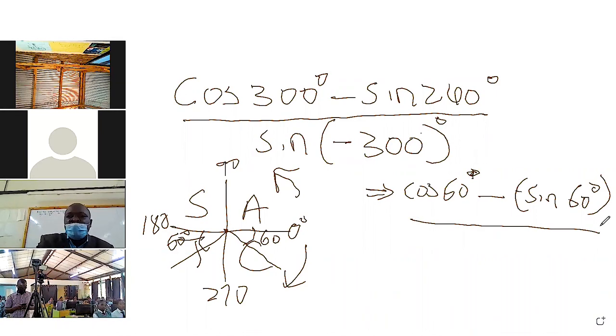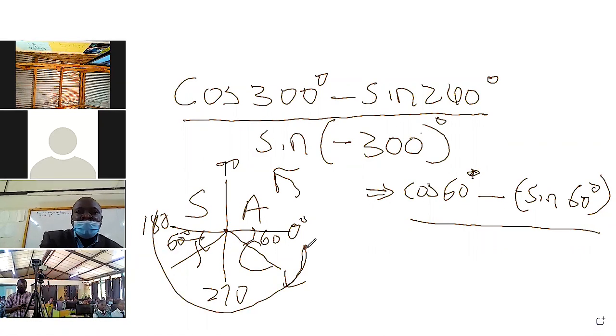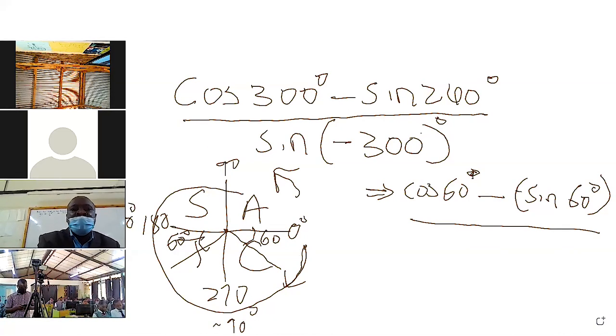Negative 300 means we move clockwise. Which quadrant is negative 300 in? The first quadrant, and the angle there is 60 degrees. Because if you move clockwise, at 0 it's 0, then at 270 it is negative 90, at 180 it is negative 180, at 90 it is negative 270, and at 0 again it is negative 360.